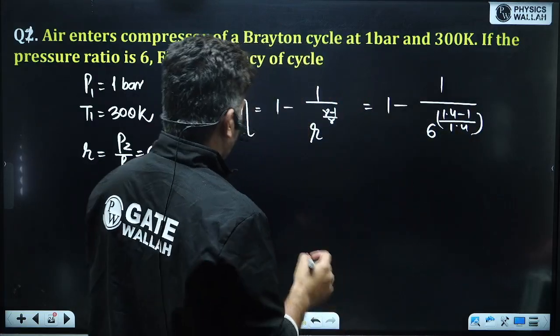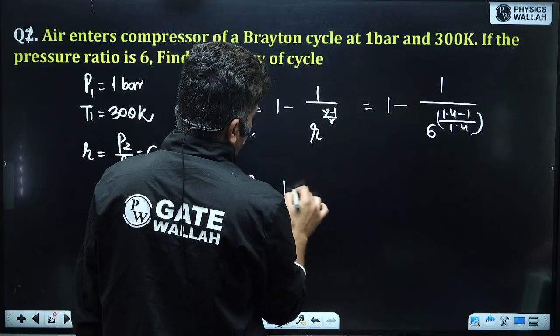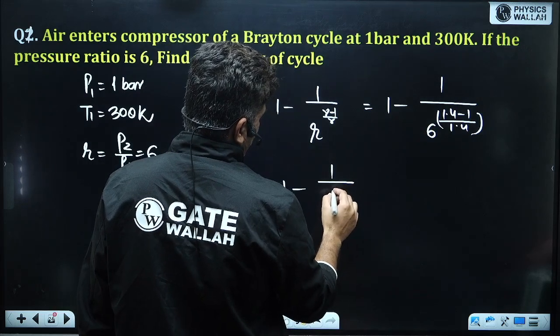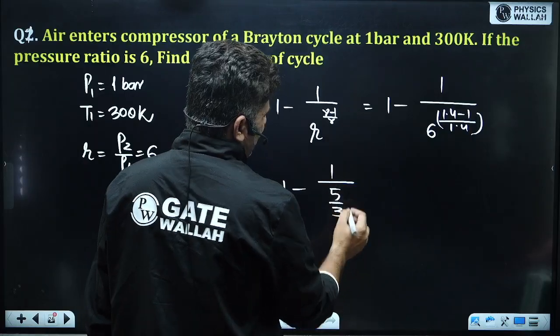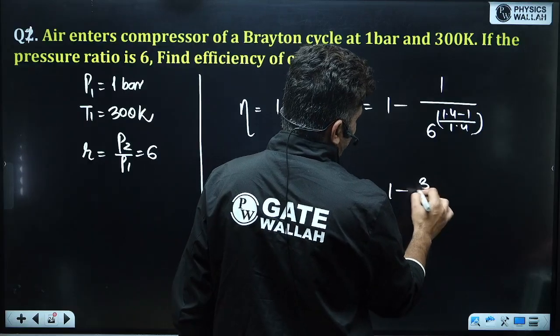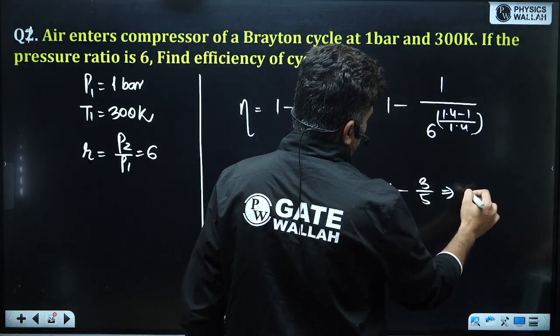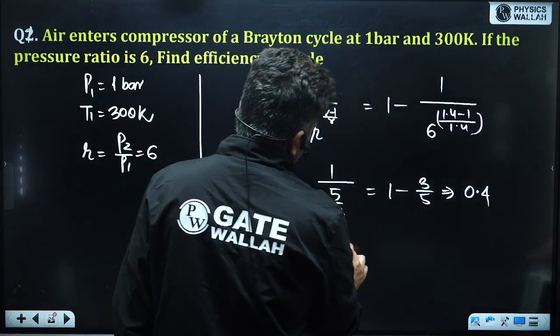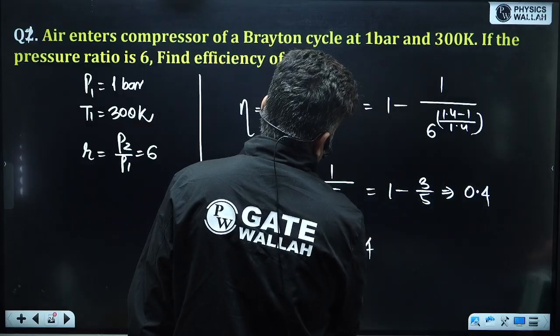Now you put these values in the calculator, and it will be 1 minus 1 divided by 6 to the power 0.4 divided by 1.4, which is equal to 5 divided by 3. So this becomes 1 minus 3 divided by 5, which is equal to 0.4. So efficiency of this cycle is 40%.